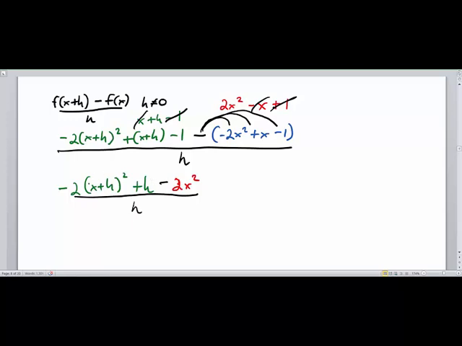What I am going to do is recall this previous answer here, where we did the work of this x plus h quantity squared, and I just want to show that work one more time. So I'm going to have negative 2 times the quantity of x squared plus 2xh plus h squared, plus h.